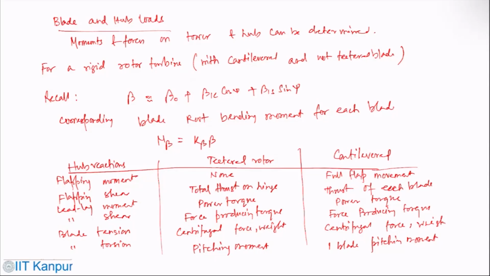So on top of that you can have tower loads. Okay, so tower loads can come from multiple fronts. One could be from aerodynamic load, aerodynamic tower load.